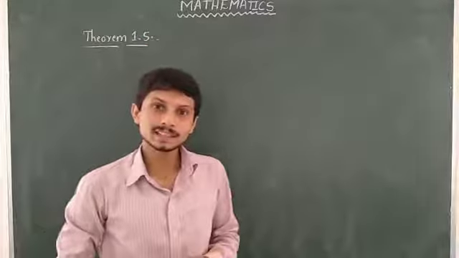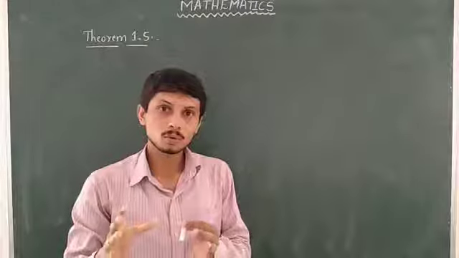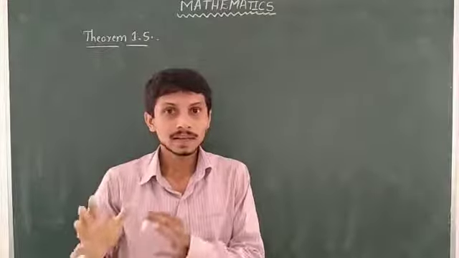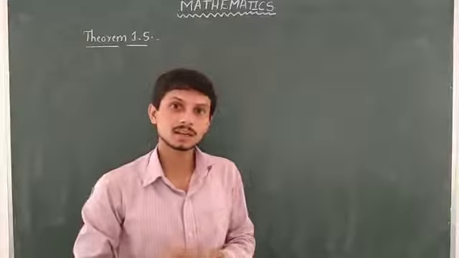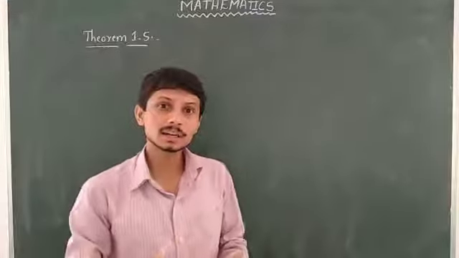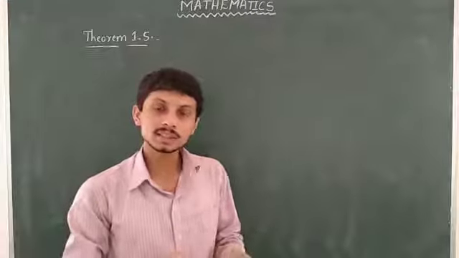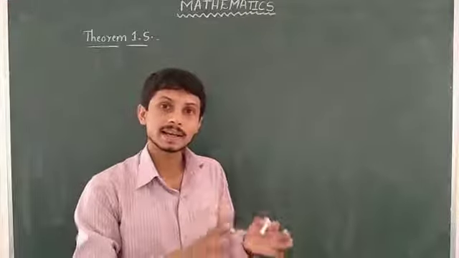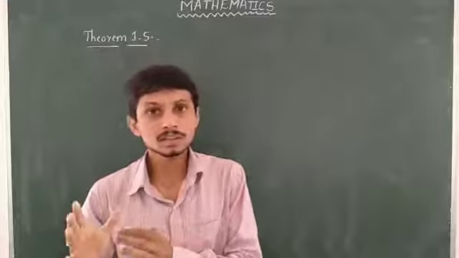Theorem 1.5 states that let x be any rational number whose decimal expansion terminates. We already learned in previous standards what terminating decimals are and what non-terminating decimals are. Here we are just taking terminating decimals. Let x be any rational number whose decimal expansion terminates.